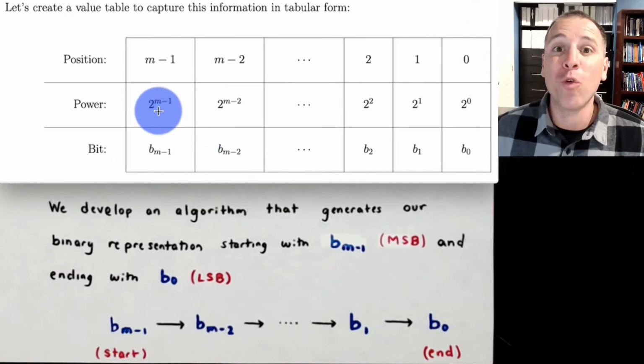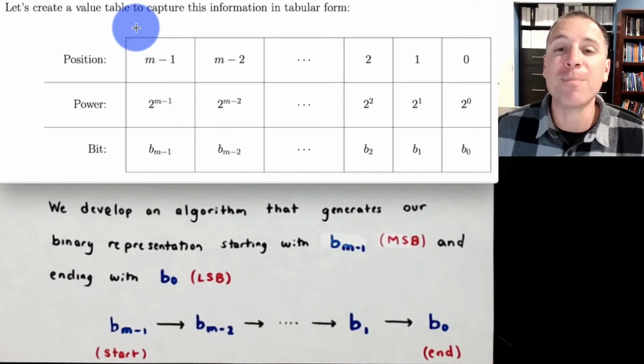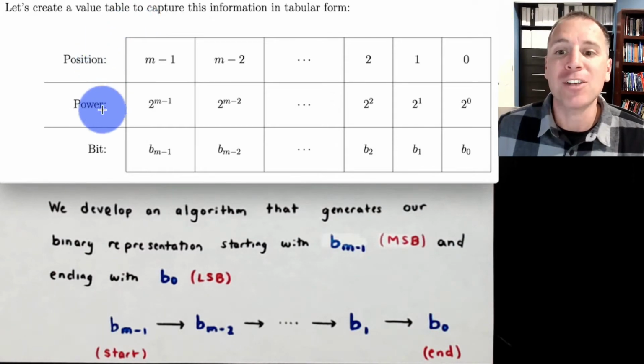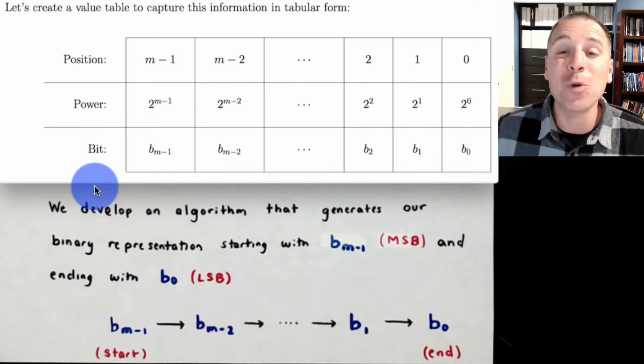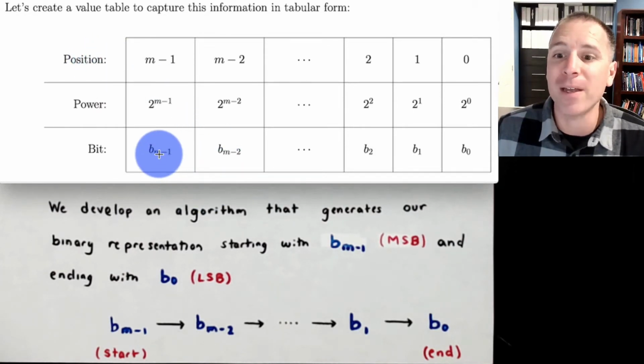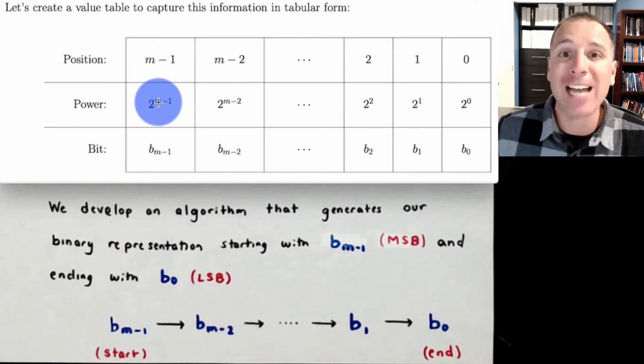Using that general form as a foundation, we're going to create something known as a value box or value table that matches each power of 2 with the corresponding bit. This will be super helpful as we develop our algorithm. Remember that the position number identifies both the bit number, or the index on the bit, as well as the power matched with that bit.